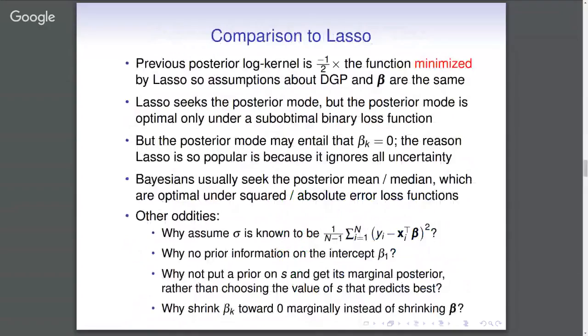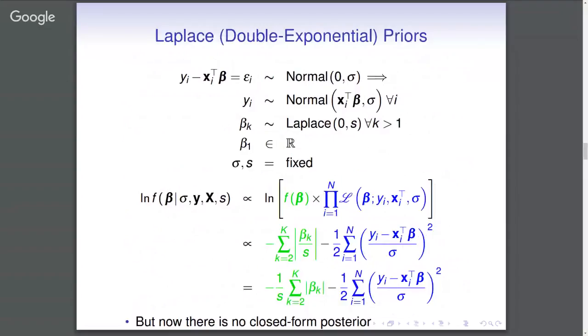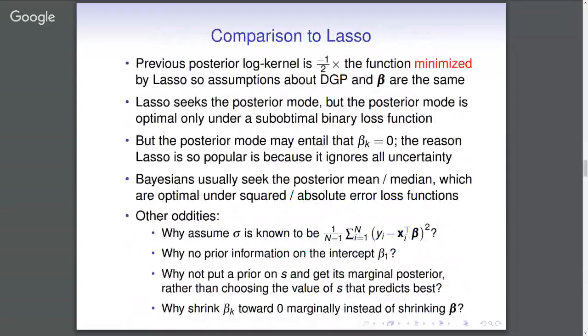All right. So if you look at this kernel of a posterior distribution in log units, and you remember back for those of you who took data mining with me the first semester, that log kernel is equal to -1/2 times the function being minimized by the so-called lasso estimator.